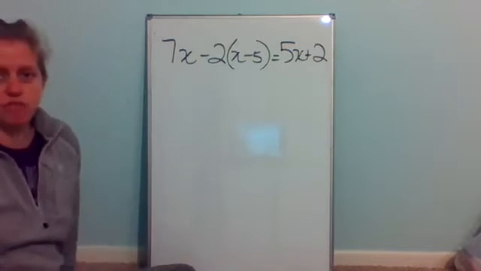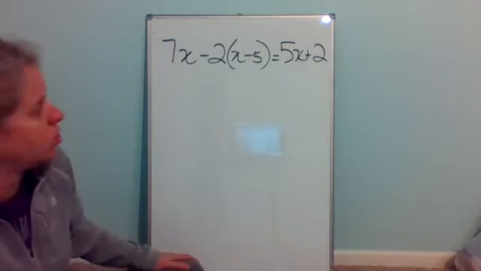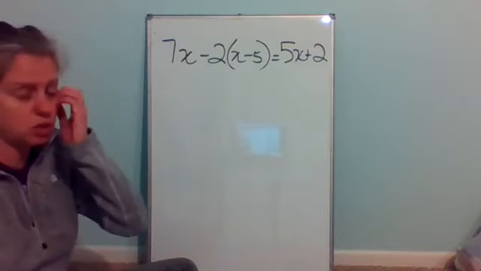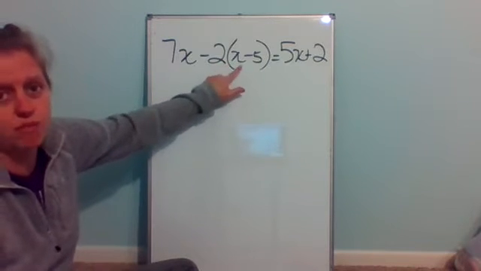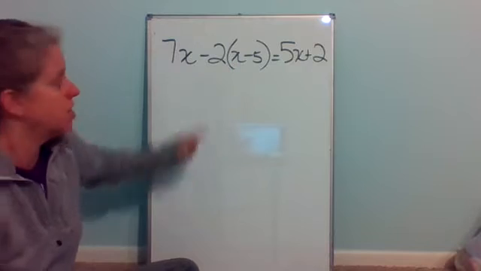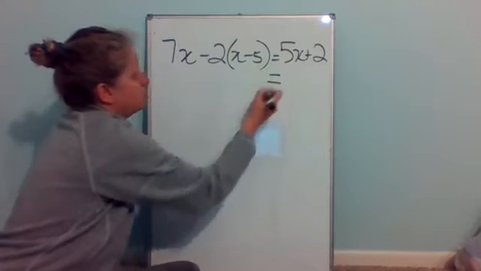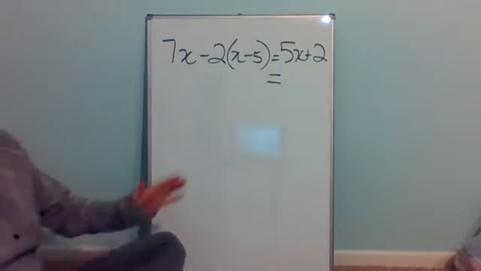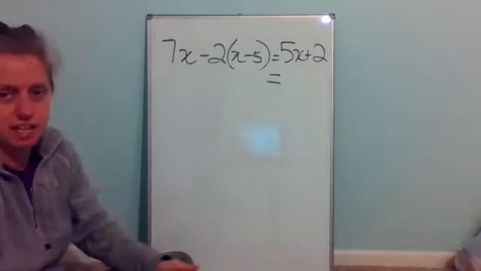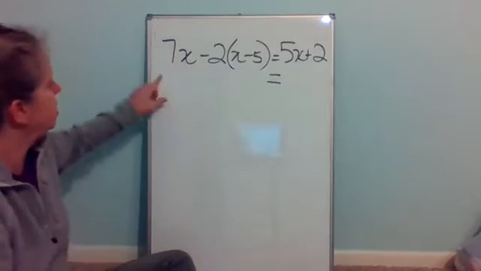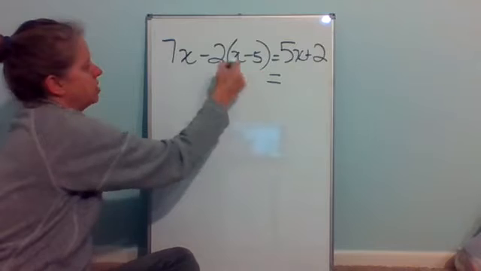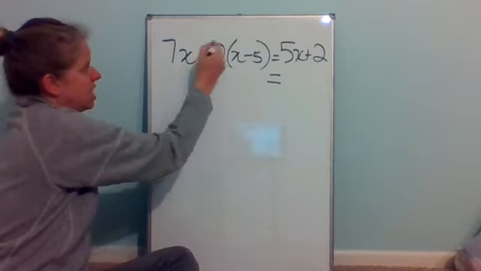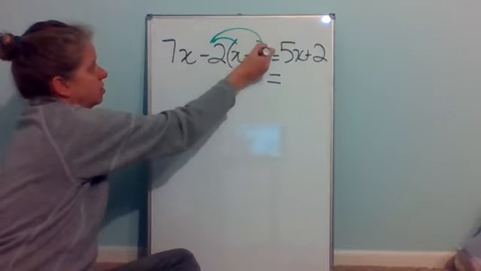Remember, when you're solving an equation, there are several things you look for first. If there are parentheses, you need to get rid of those first. I'm going to bring down my equal sign right where it is. Remember, you always want to keep your equal sign in the same column. So what I'm going to distribute is what is bumping up against the parentheses, which is, with its sign, that -2.